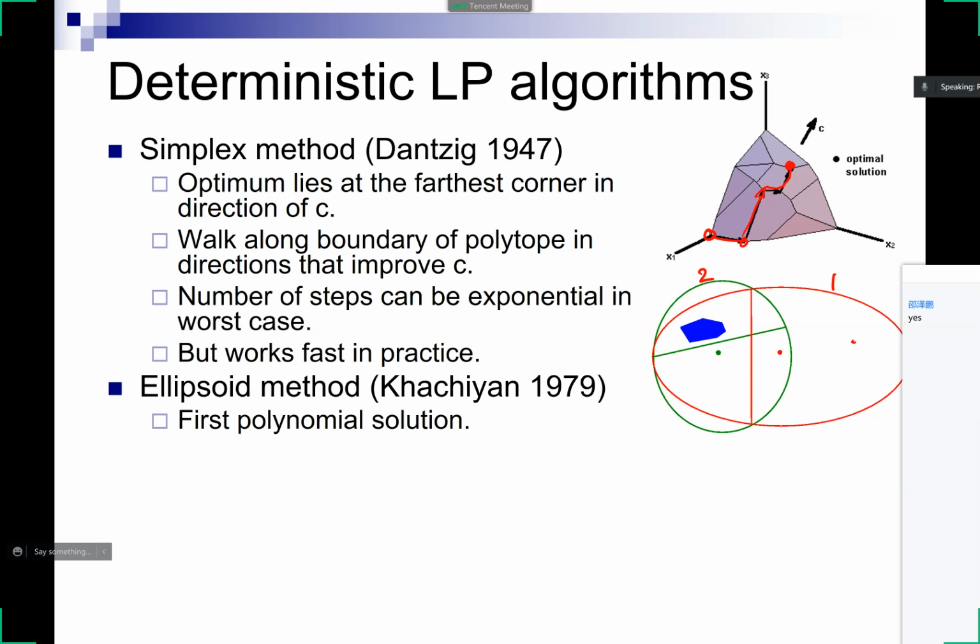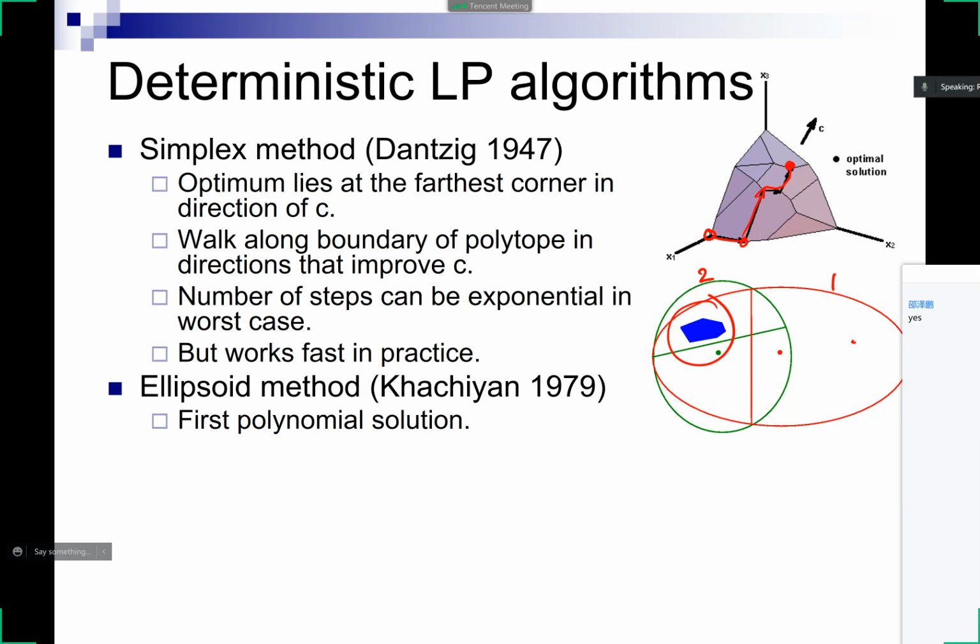Furthermore, as you go along, the ellipsoids shrink in size, and eventually you get down to a very small ellipsoid which lies within your feasible region. In that case, you've found a point in your feasible region.